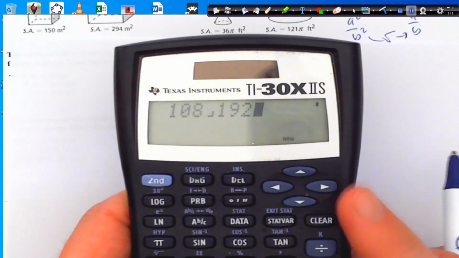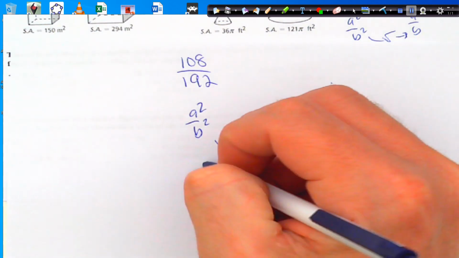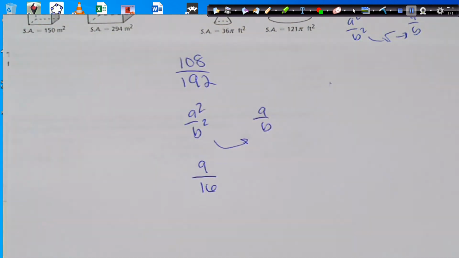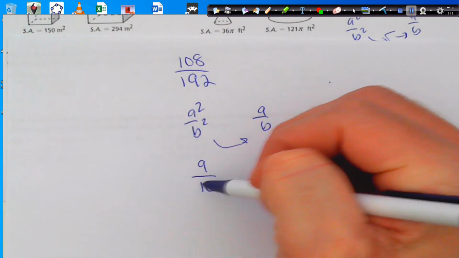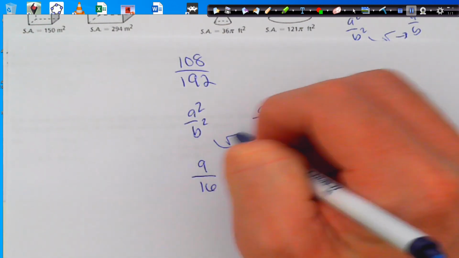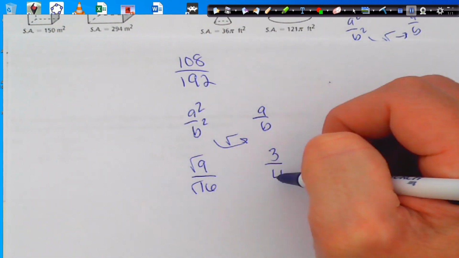So always reduce the fraction, and look at that, you get 9 over 16. This is still our area ratio, I just simplified it. So I still want to go from here to here, so I'm going to have to square root. Remember, square root is going to give me 3 over 4. So that's my a to b now.